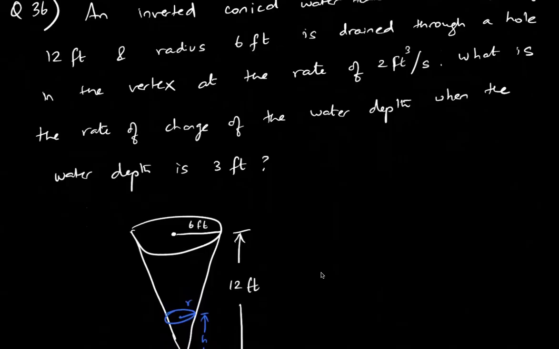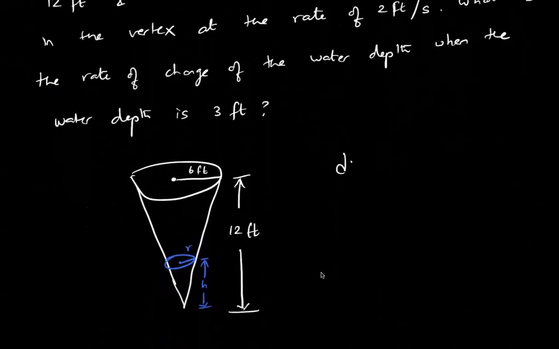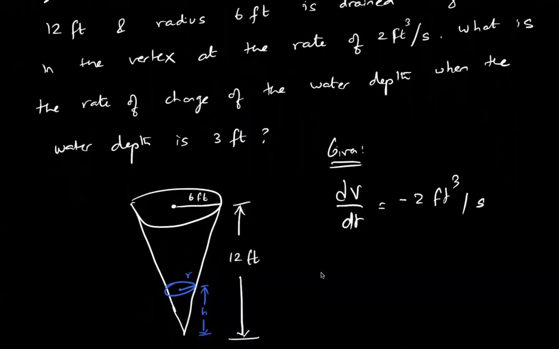Now, what is happening is the water is leaking out of this at the rate of 2 cubic feet per second. So because water is leaking, we are given that dV/dt is 2 cubic feet per second. And because water is leaking, I'm going to put a negative over here.